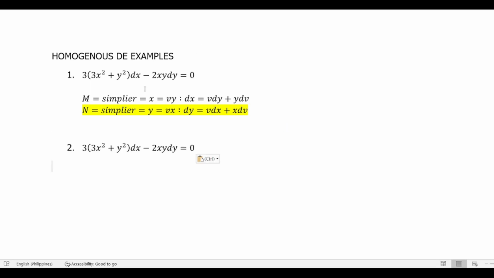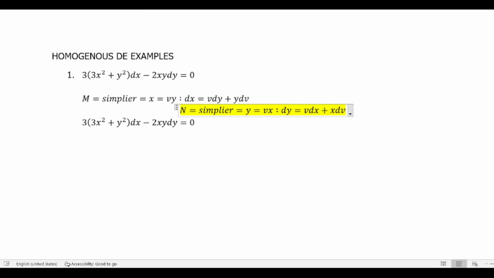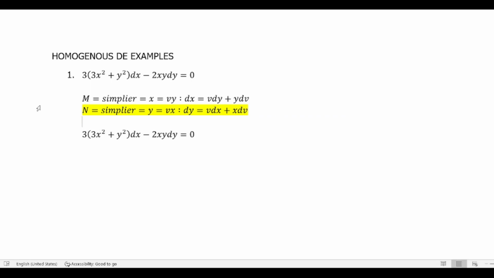I'm just going to cancel the number. The only thing we need to do here is that anything that you see y in the equation, we're going to substitute vx on it, and all the dy that we see, we're going to substitute with these terms. Here we have y equals vx.